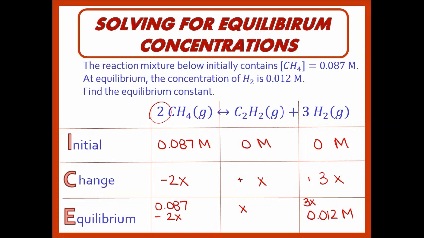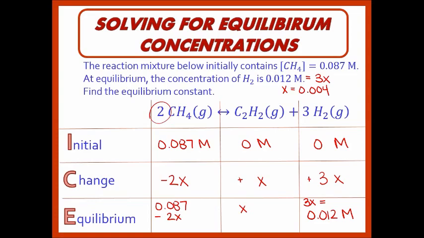However, we are actually already given that the equilibrium concentration of H2 is equal to 0.012. So now we have a way to solve for this x value, and therefore we can solve for all of the equilibrium concentrations in the reaction mixture. If we set 0.012 molarity equal to 3x and divide by 3 on both sides, we get that x is equal to 0.004.